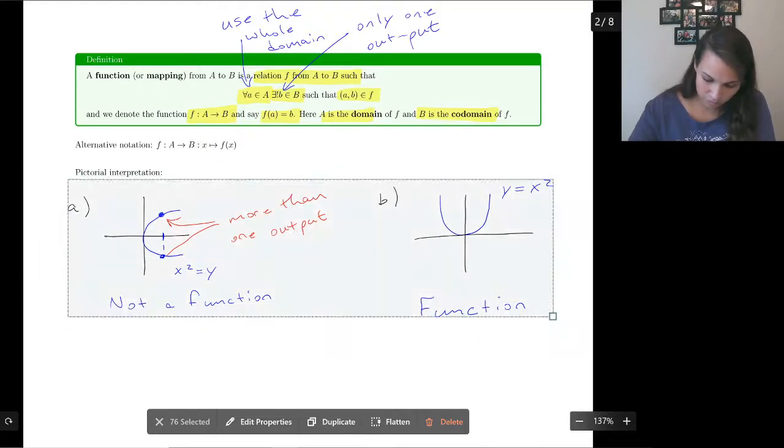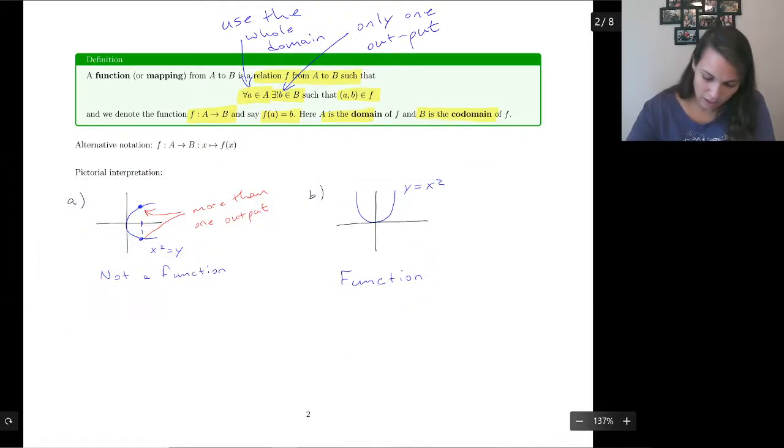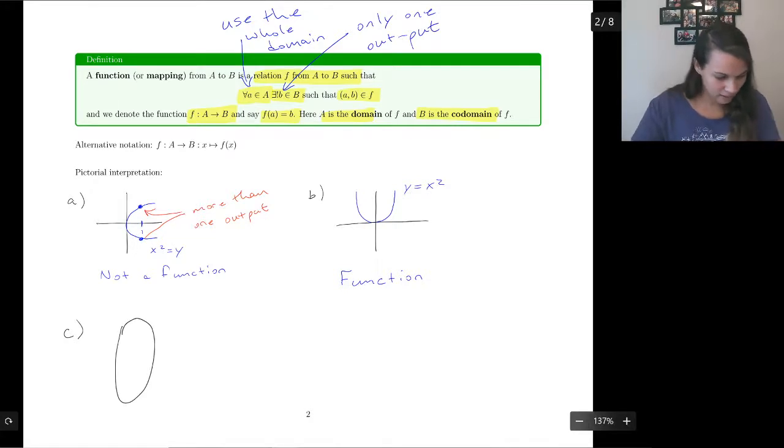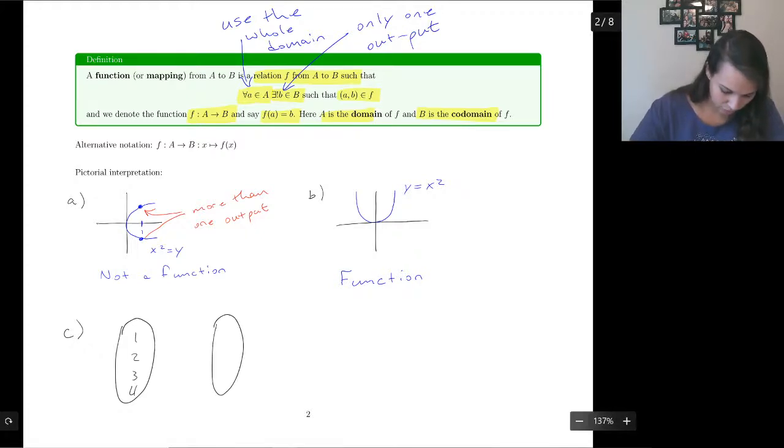Another one to think about is maybe if we have this set of 1, 2, 3, and 4, and we'll say this is A and this is B. It's getting mapped to 5, 6, and 7.